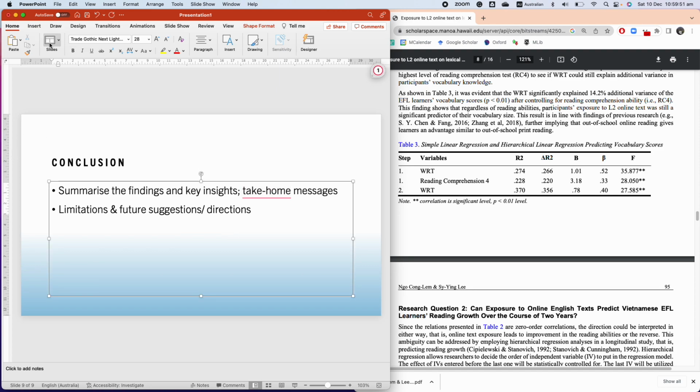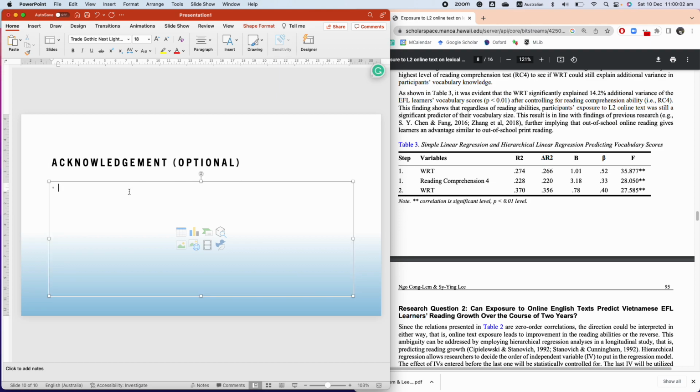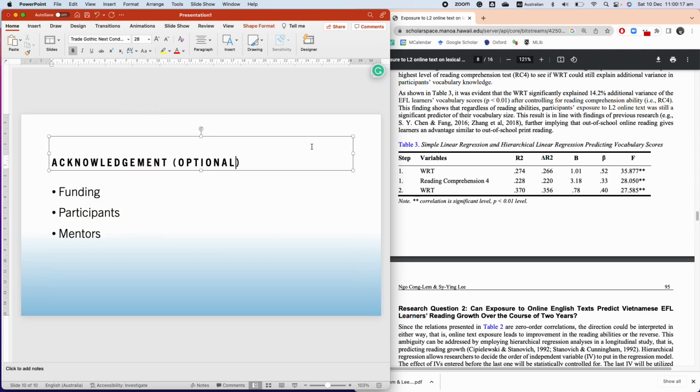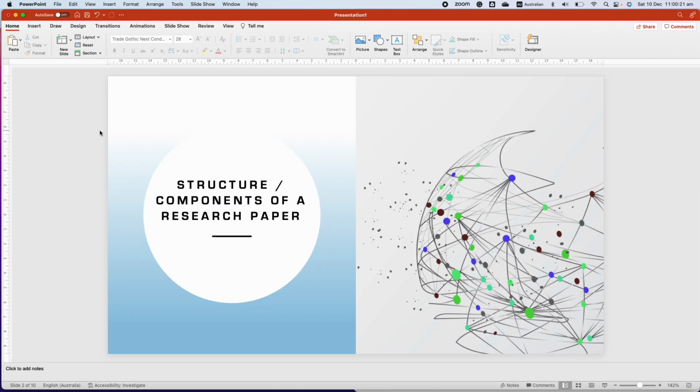After that you might have some sort of acknowledgement. This is optional. Normally we acknowledge the funding, participants' contribution, and even your mentor or supervisor, whoever has supported you in carrying out your study.